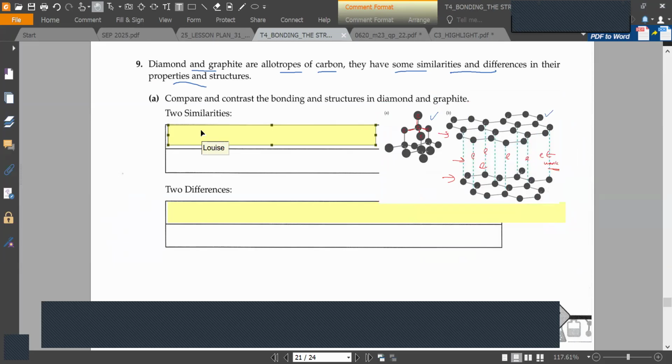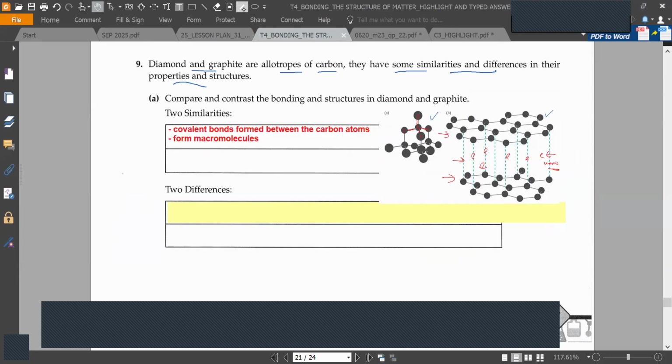Two similarities. Covalent bonds form between the carbon atoms. What else? They form macromolecules, or giant covalent structures. What's different about them?